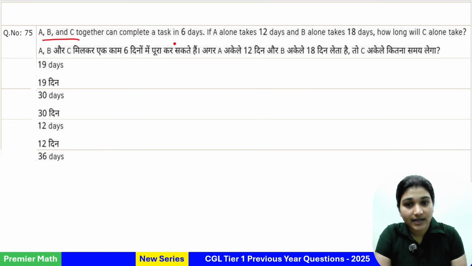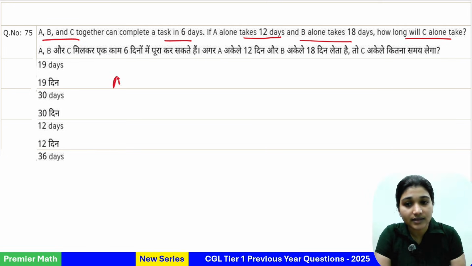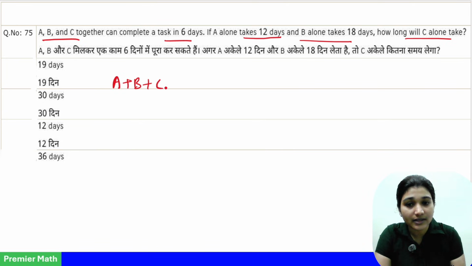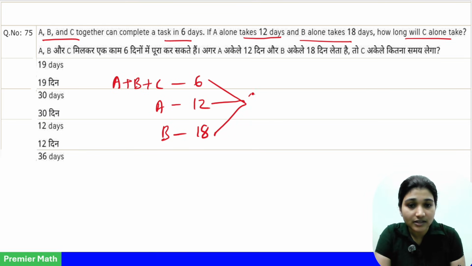A, B, C together can complete a task in 6 days. If A alone takes 12 days, B alone takes 18 days, how long will C alone take? Here A, B, C together complete the work in 6 days. A completes it in 12 days and B completes it in 18 days. Now all are doing the same job. Take the LCM. LCM is 18 into 2, 36. 6 goes 6 times in 36, 12 goes 3 times in 36, 18 goes 2 times in 36. Total work here is 36 units.